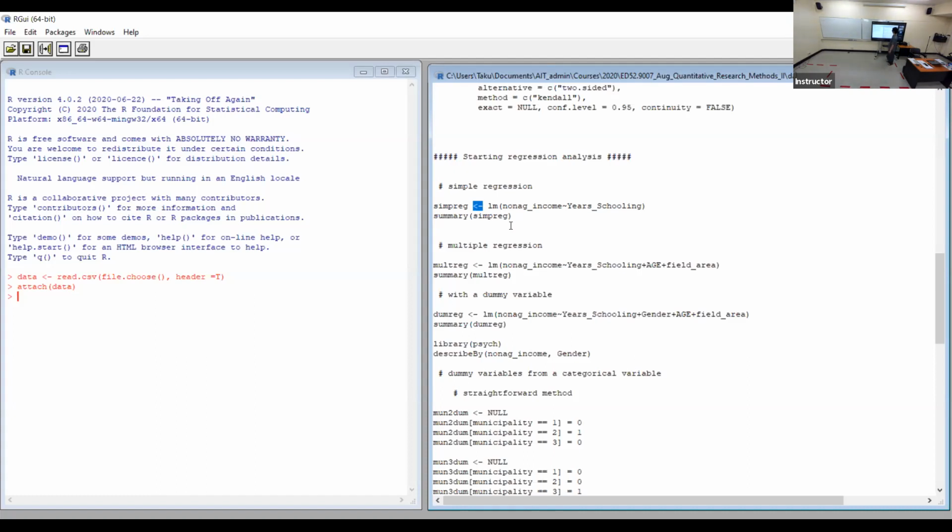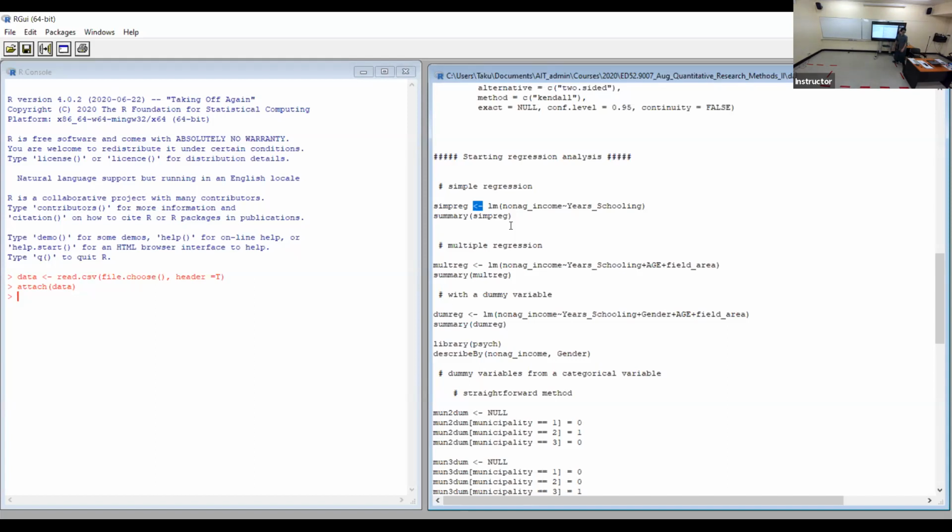This basically means you do some calculation according to the right-hand side, and then the result is stored under the name on the left-hand side, simpreg. In many cases, the syntax is like this. It's convenient if you have some understanding of this language syntax, although you don't have to type anything.